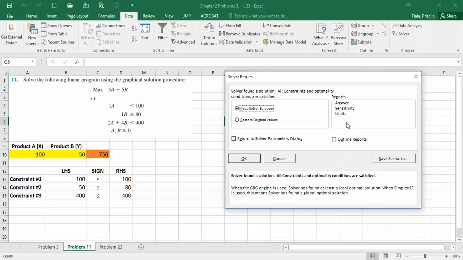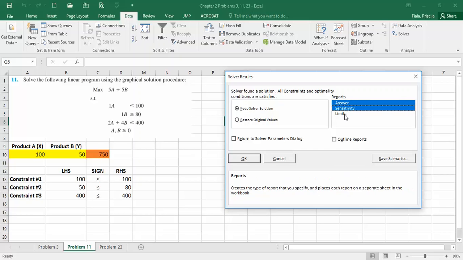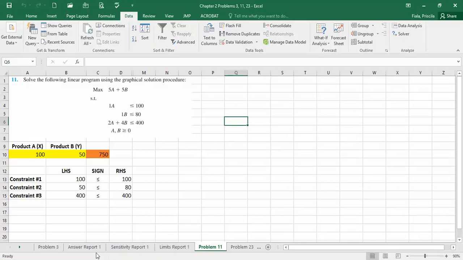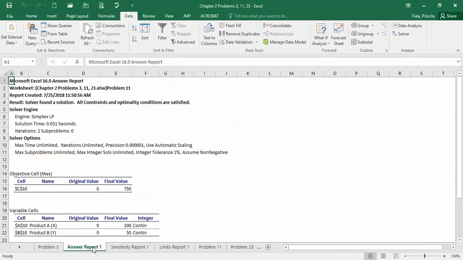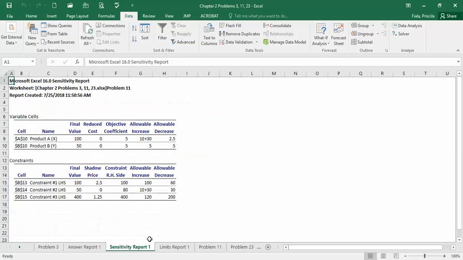What you also can do, because we're going to be addressing this in the future weeks, but I'm not going to be explaining right now, is to actually choose the reports. When you do OK, you're going to notice down here it actually adds three reports for you. And if you look at the report, it tells you we need 100 of product A, 100 product B to get a value of 750.